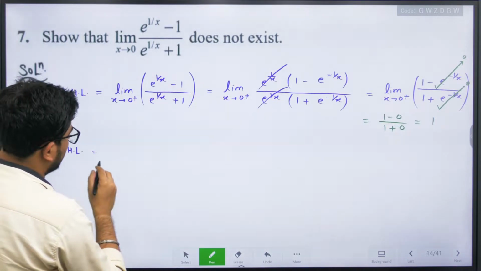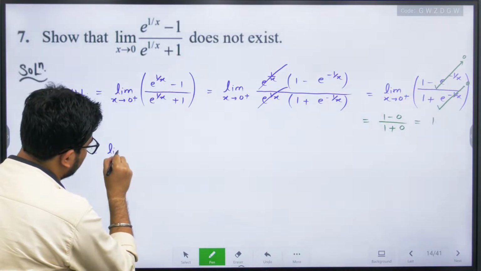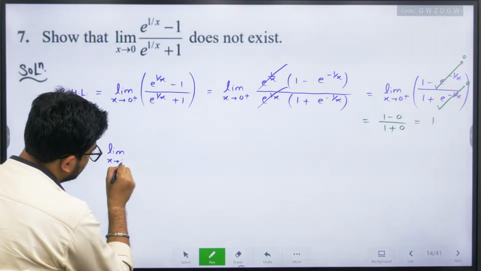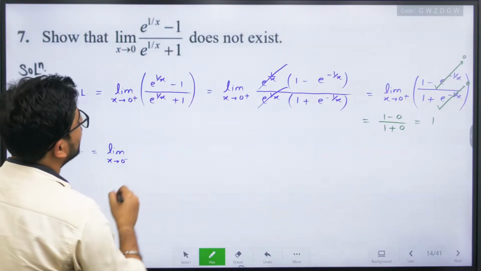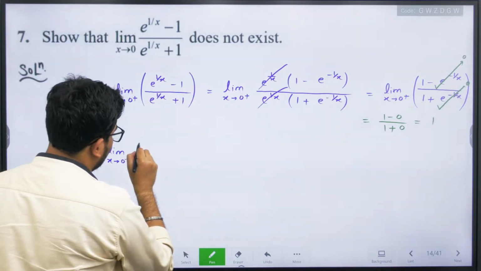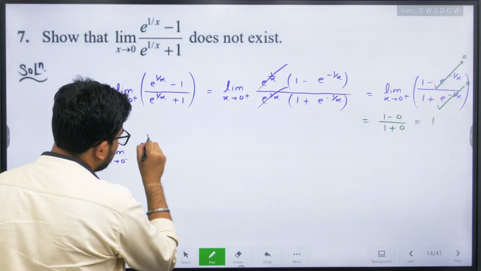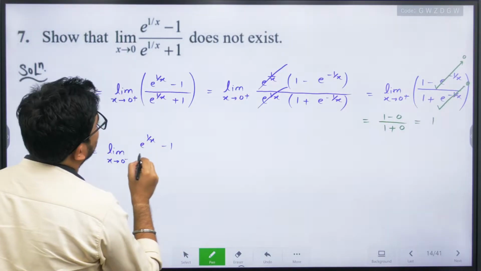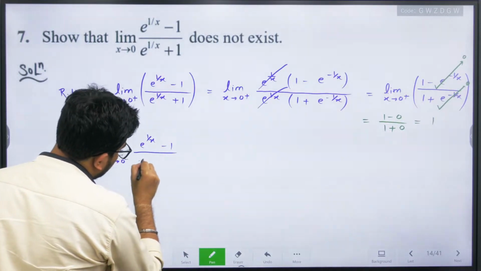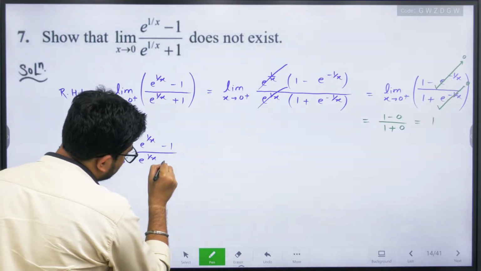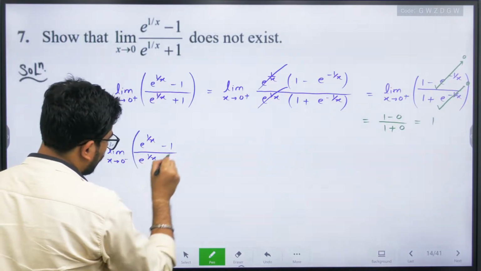So the left hand limit is the limit as x tends to 0 minus of f of x, that is (e power 1 by x minus 1) upon (e power 1 by x plus 1). Got it?